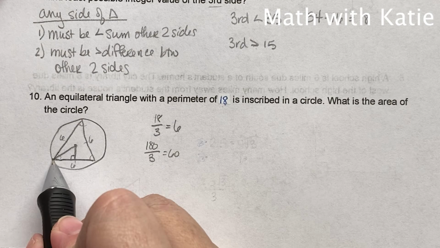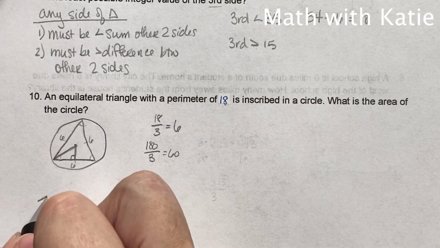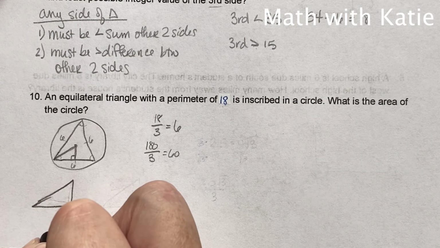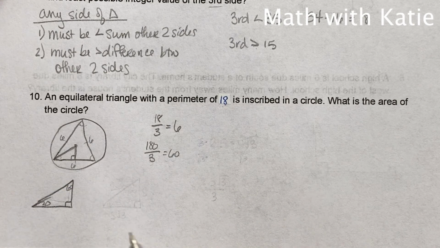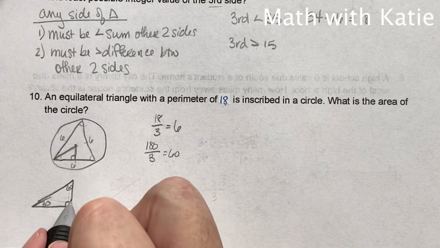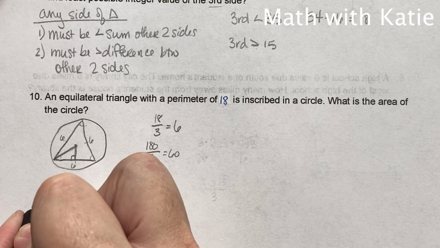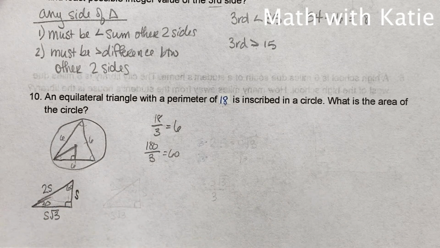And then if we draw the radius in, it's going to bisect that angle. So now we have a 30, 60, 90 triangle where 30 is here, 60 is here. And if we recall the formula for that, the shortest side is S, the hypotenuse is 2S, and the long leg is S root 3.